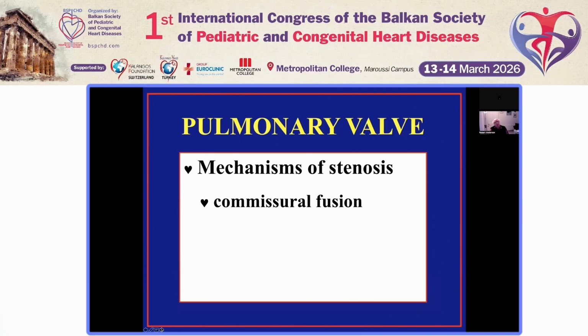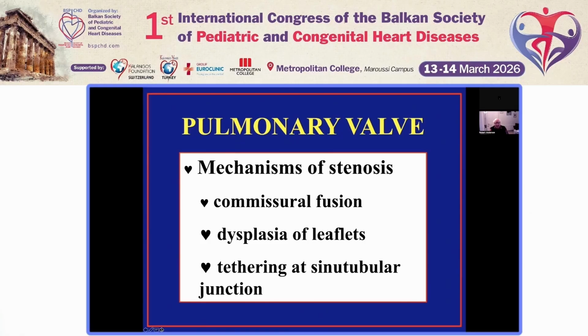So how do we put all of that anatomy into the understanding of mechanisms of stenosis? Well, there are various ways that the pulmonary valve can become stenotic. Most frequently, there is commissural fusion, but on occasion, the stenosis is no more than dysplasia of the leaflets. And this can be linked with tethering at the sinu-tubular junction.